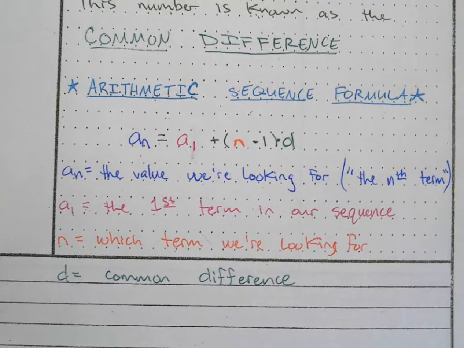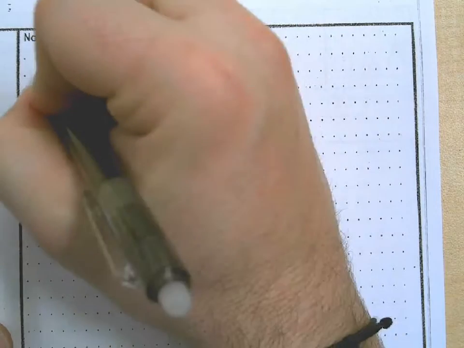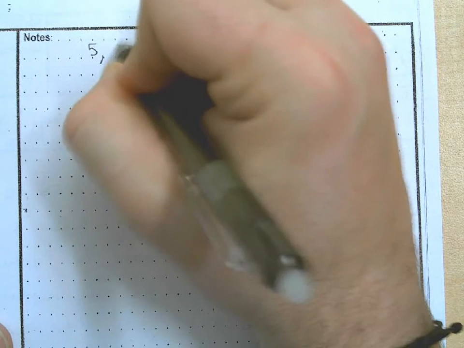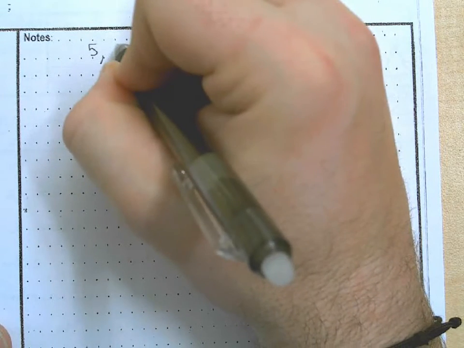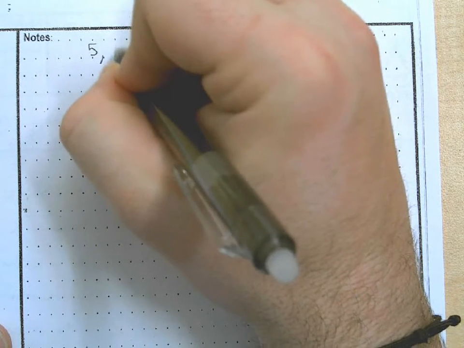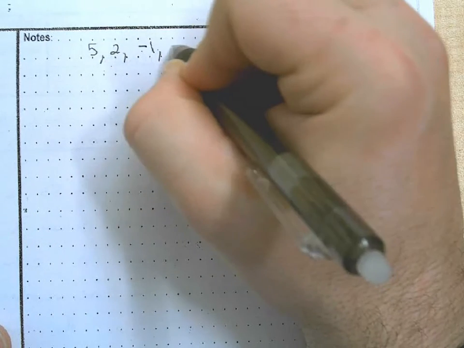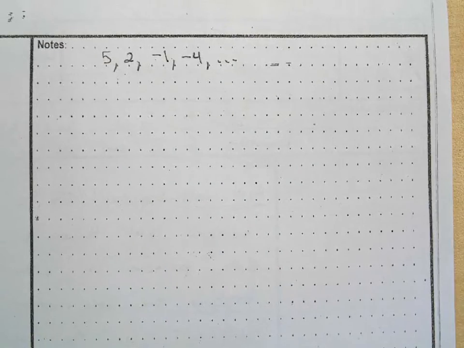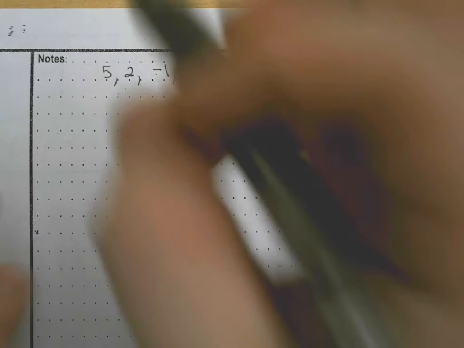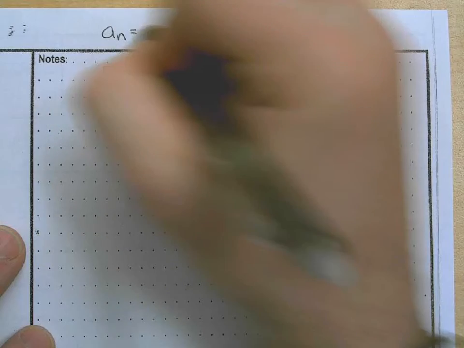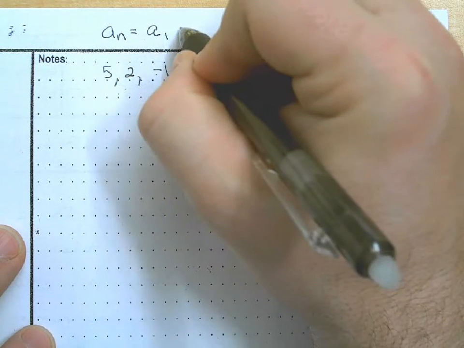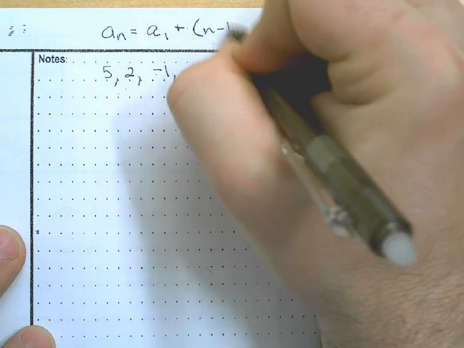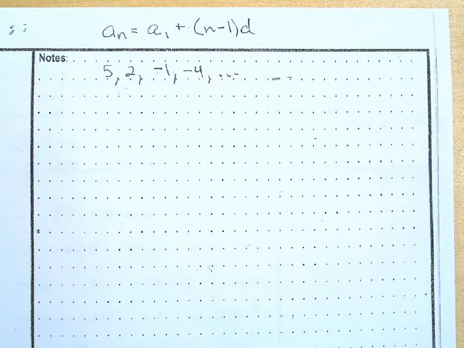Let's do an example. We're going to be plugging all the information into this formula: a sub n equals a sub 1 plus n minus 1 times our common difference.